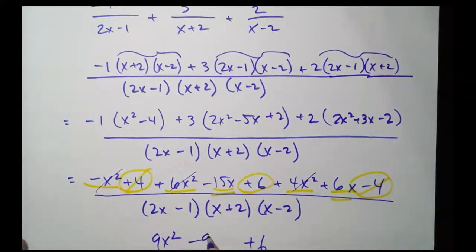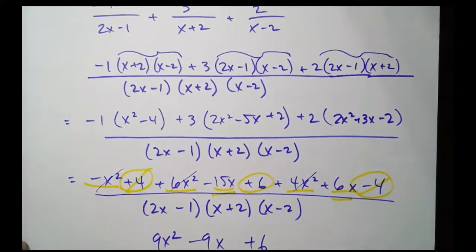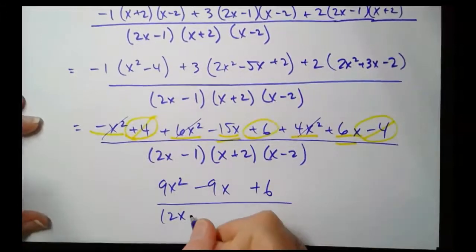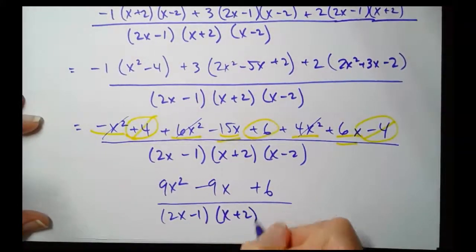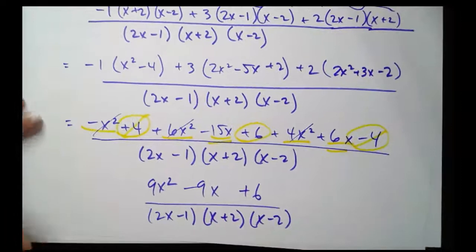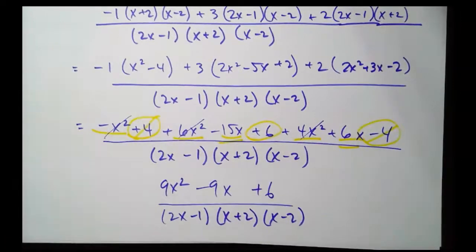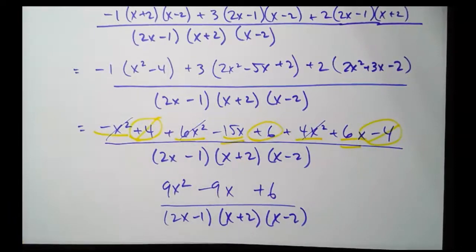That is negative 9x. Which, boys and girls, is what we started with. So, that is the first case when we have distinct linear factors.